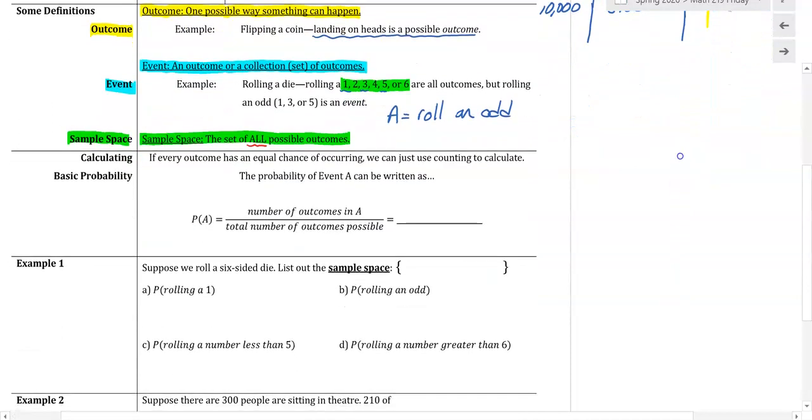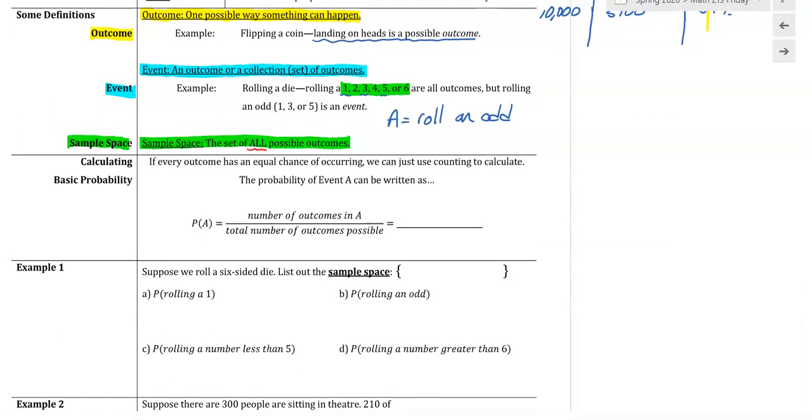All right. So how do we calculate probability? Let's just say that A is some event. Maybe it's rolling an odd number. Maybe it's rolling a 3. Maybe it's whatever. Flipping a coin and getting heads. Well, the way you calculate probability, the probability of any event, is the number of outcomes in that event. The way I think about it is the number of ways to succeed at that.